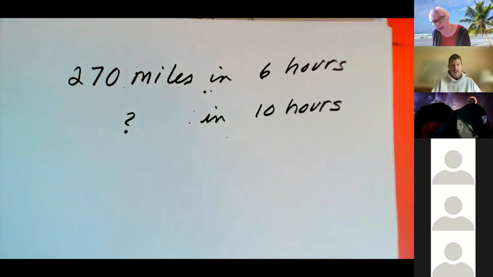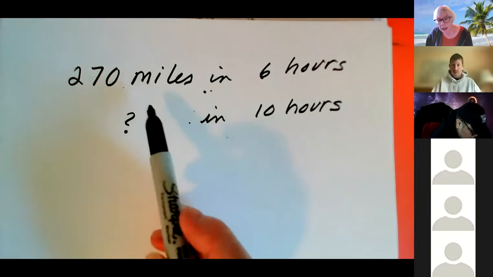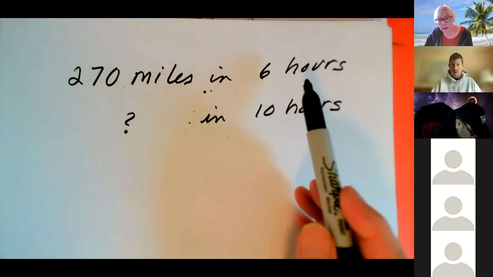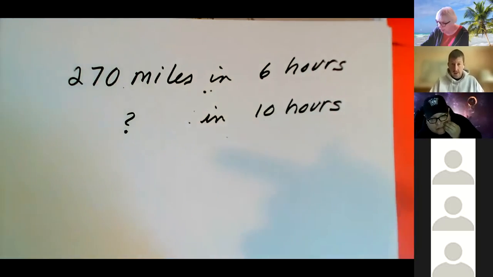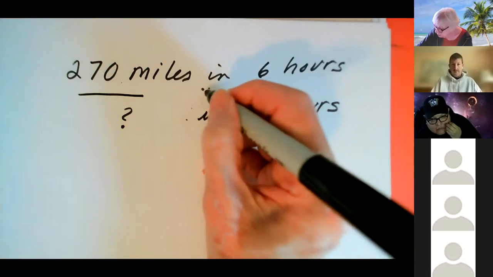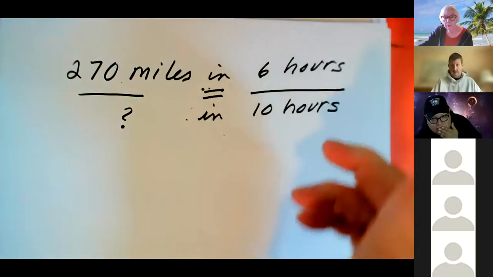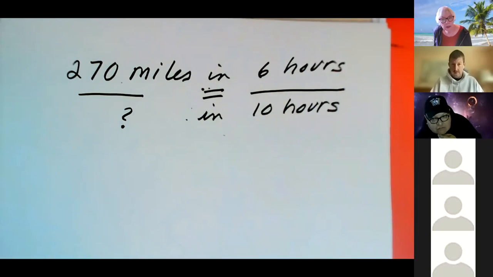This set of notes actually is almost ready to make a proportion. And here's what I could do. It was miles in 6 hours. How many miles in 10 hours? And so literally, I can turn this into a correct proportion.